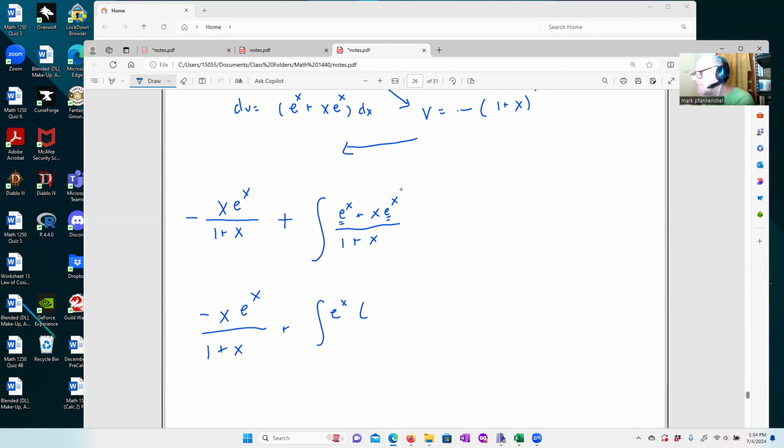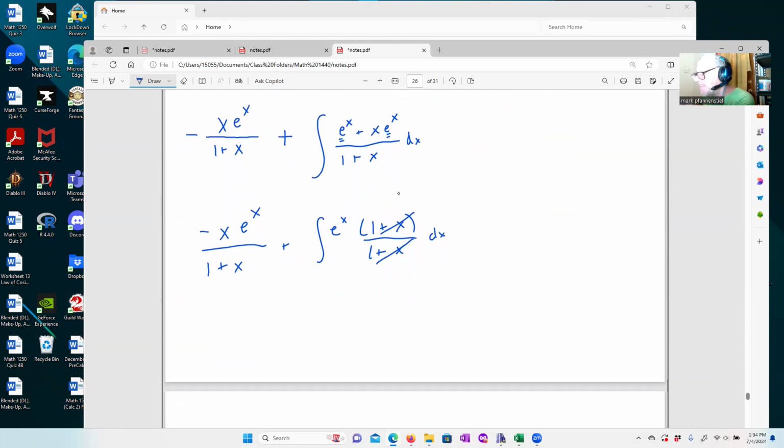And once I factor this e to the x out, we have plus x divided by 1 plus x. So this cancels, okay? But that's a really nice problem now. So we have negative x e to the x over 1 plus x, plus the integral of e to the x dx. That's a nice integral.